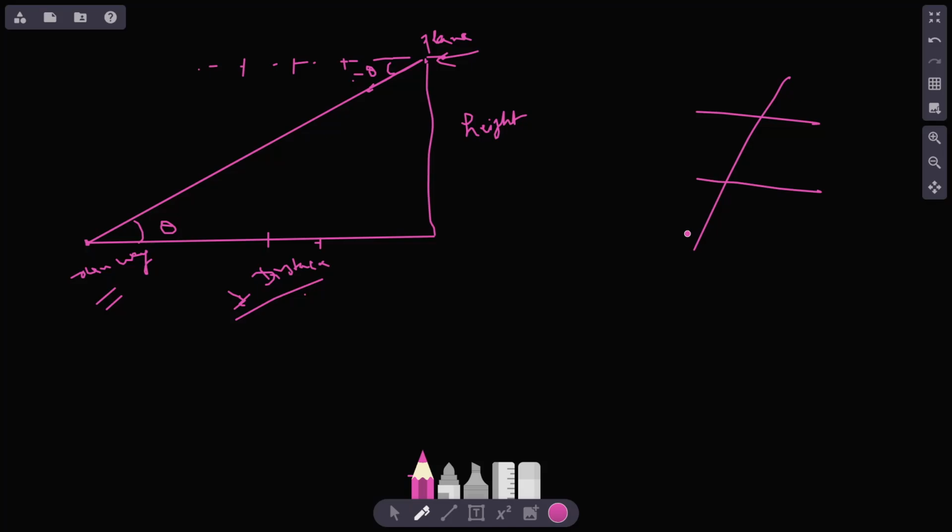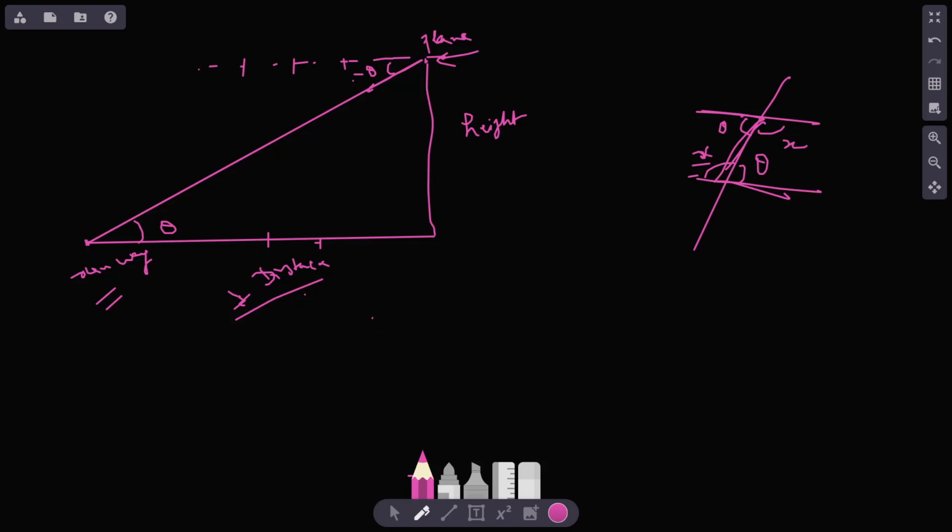Two lines are parallel, one line is cutting them, so this is a Z shape formation. If this is x, then this angle will also be x. I have explained this in the chapter on parallelograms, so there might be some prerequisites. You go to the parallelogram chapter.